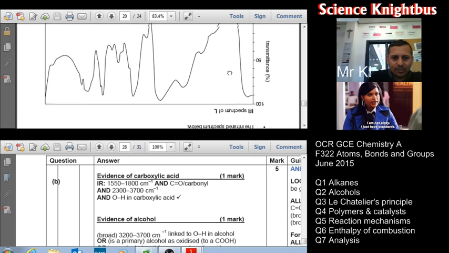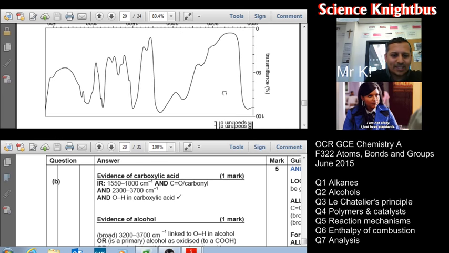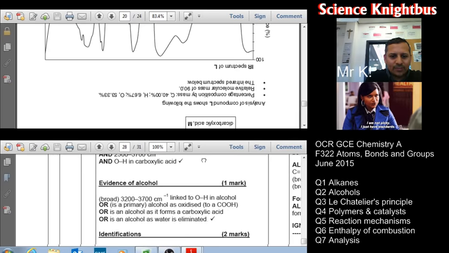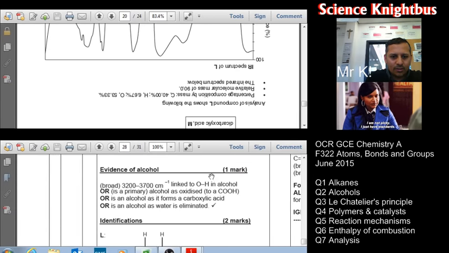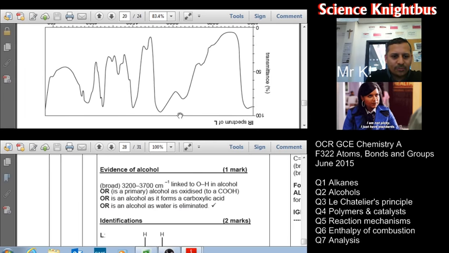Now, if you've got a big absorption over here, that's a dead giveaway. Carboxylic acid always. The evidence of the alcohol is 3,200 to 3,700, linked to the OH in the alcohol.